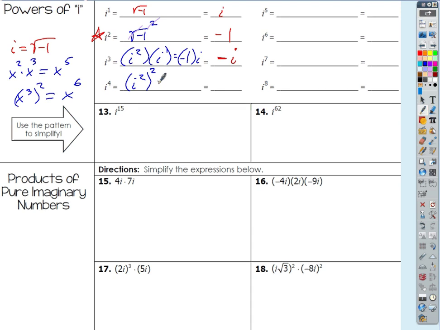Well, i squared is what? -1. So I'm squaring -1, which is what? What's -1 squared? 1. So while we're on the topic, if I take -1 to an even power, any even power, what am I going to get?